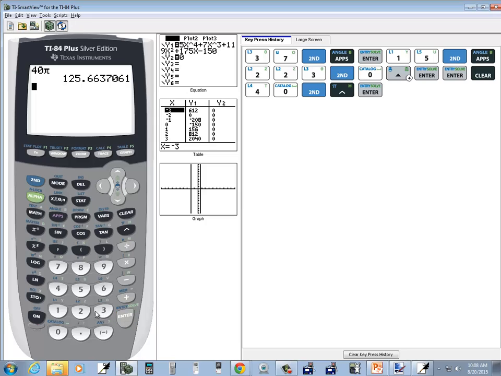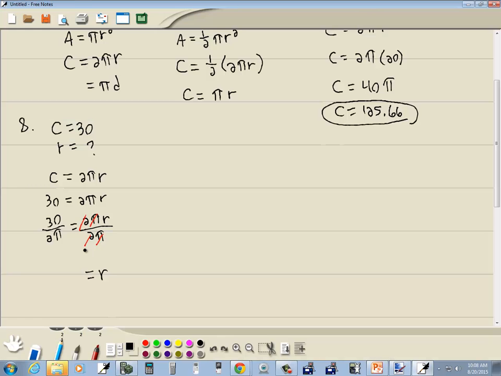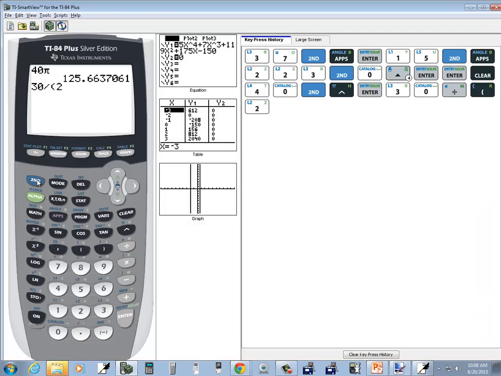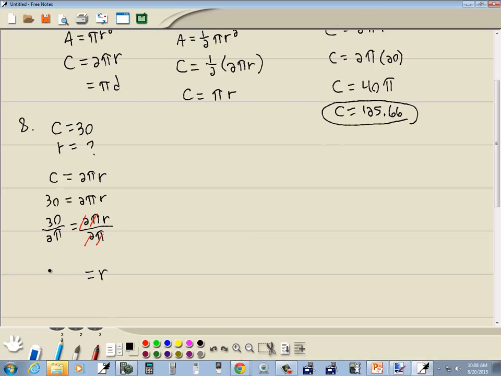If you ever have more than a single number, single pi, on top or bottom of your fraction, you have to put parentheses on it. So I'll put beginning parentheses, then 2 pi, second caret is again pi, and then closing parentheses, and press enter. And we get 4.77. And that would be our answer.